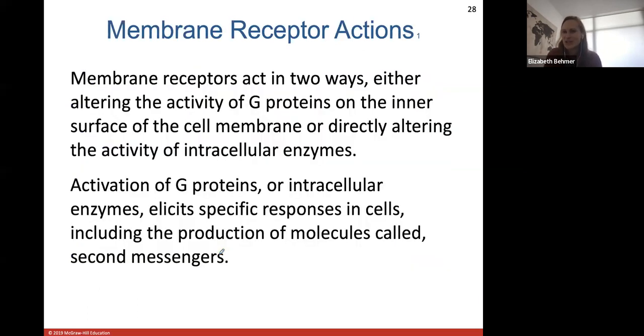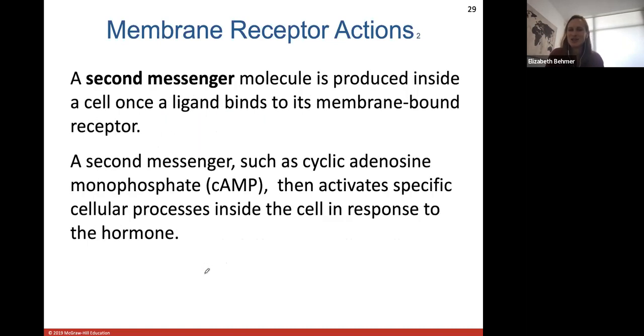Membrane receptor action. So this is for water-soluble hormones that cannot get into the cell. They will interact with a membrane receptor by altering activity of G proteins or directly altering activity of intracellular enzymes. If we activate a G protein or an intracellular enzyme, it will elicit some sort of response, including the production of molecules called second messengers.